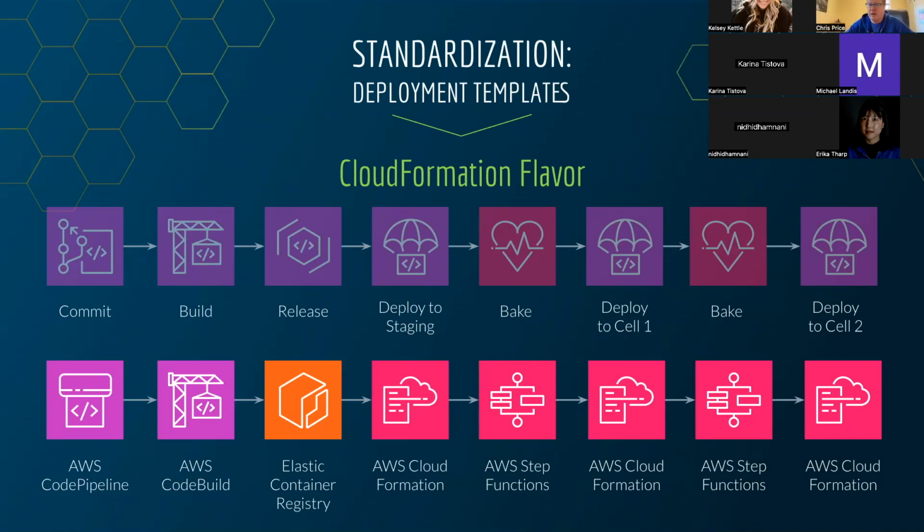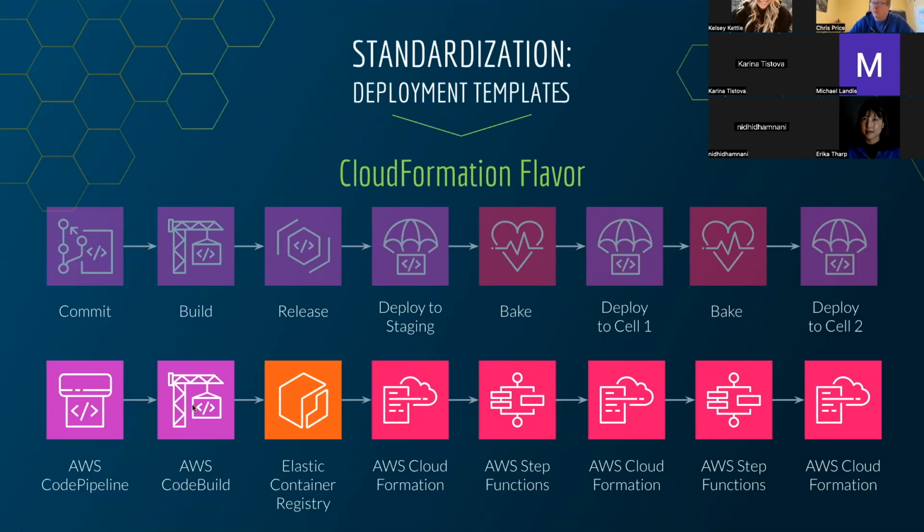So in this slide, I'm showing a tech stack that we might choose to use for a CloudFormation-based deployment. So for that commit phase, we can use AWS CodePipeline to kick off all the machinery that happens when the commit is made.